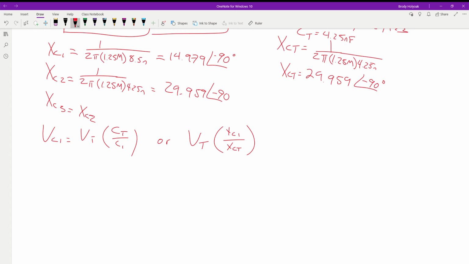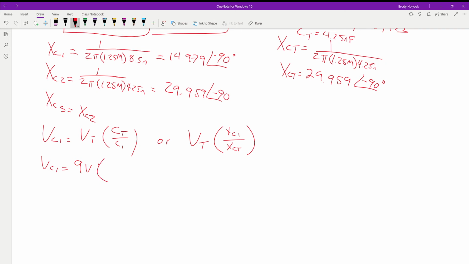So which direction do you want to go through it, Spencer? Okay, that's fine. So we can do that. So you take the voltage of capacitor 1 is equal to your voltage total, which is 9 volts.